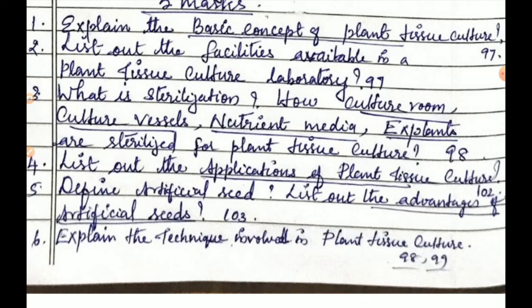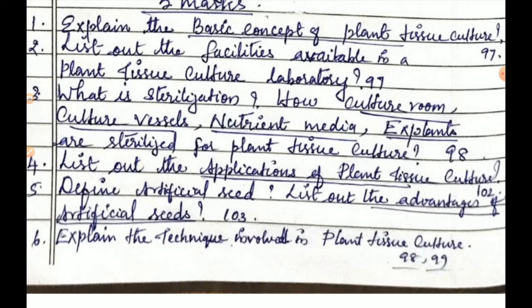The next question is, explain the techniques involved in plant tissue culture. For this, first of all you should write the definition of plant tissue culture. Then next, from the topic sterilization: sterilization of the culture vessel, culture room, nutrient media and explant.